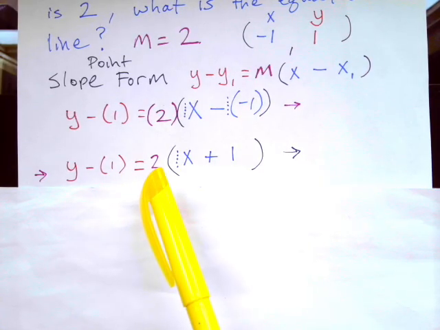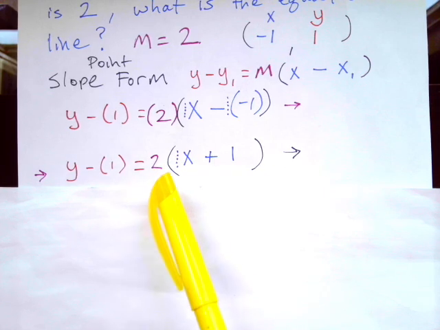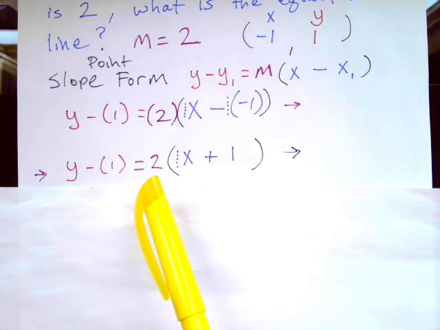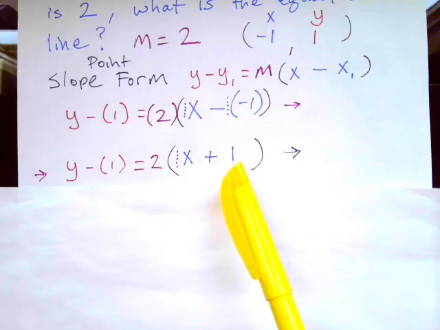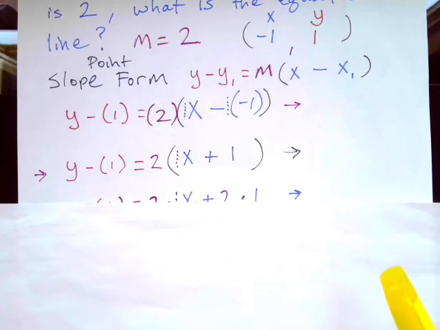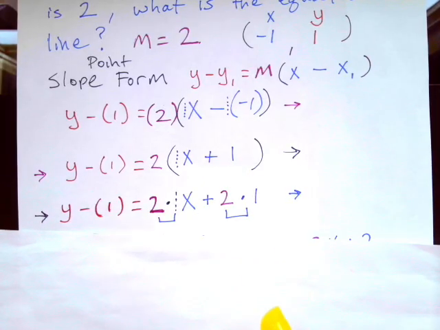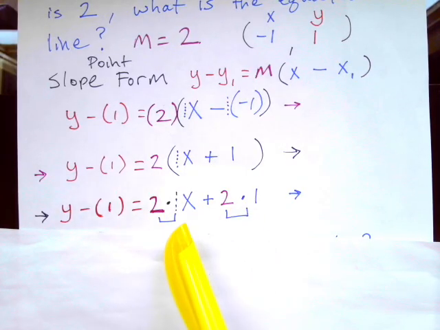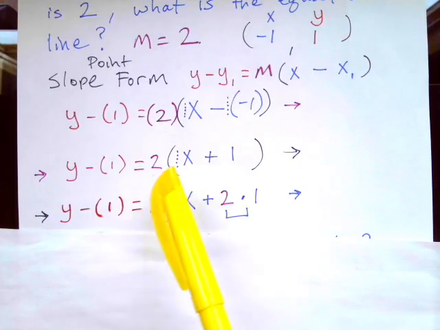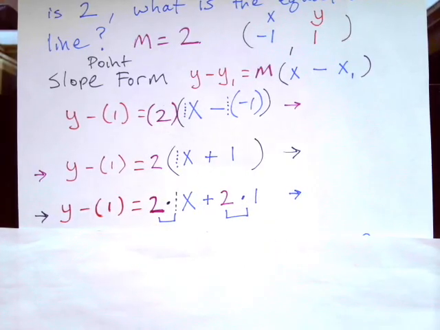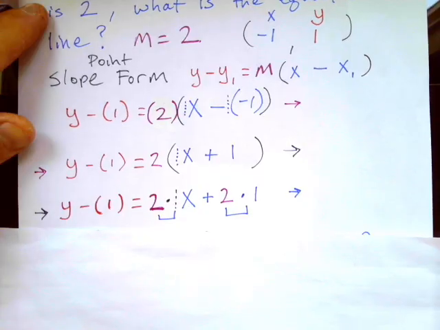And I can also multiply or distribute this 2 times the 1x, 2 times the +1 in order to simplify. So I'm showing you that here. I will take care of the negative invisible 1 in just a moment. So 2 times 1x plus 2 times a positive 1. I am showing you right here.